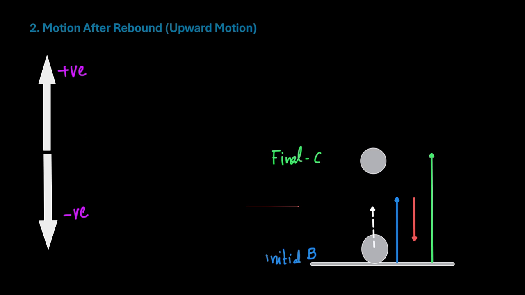Okay, now let's see. The body is moving up, which means velocity is acting upwards and therefore velocity has to be considered to be positive. No matter what, acceleration due to gravity is acting downwards. Therefore, acceleration here will still be A is equal to minus G. Displacement vector is from the initial position to the final position, which means the initial position will have the base and the final position will have the head.